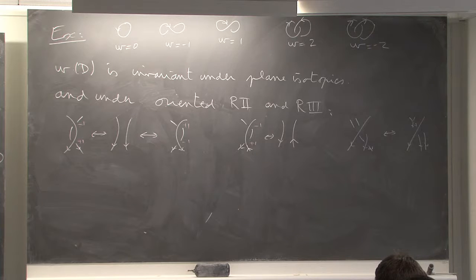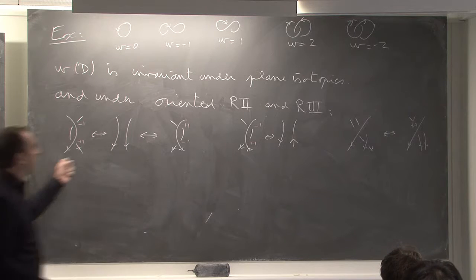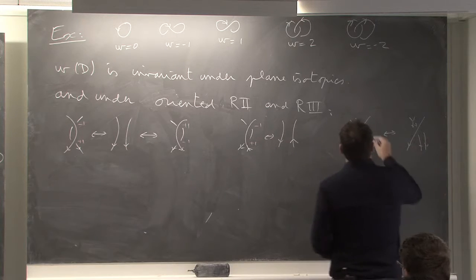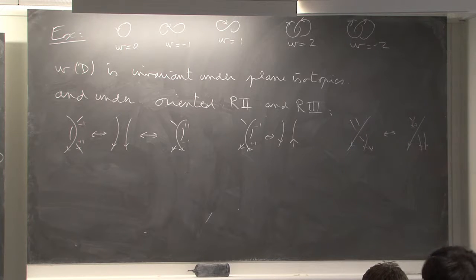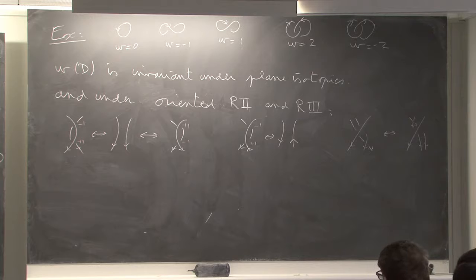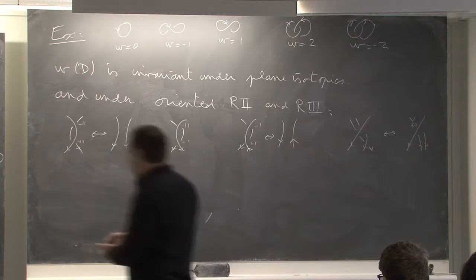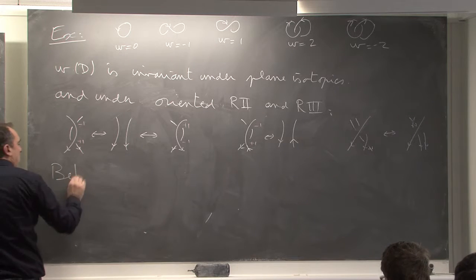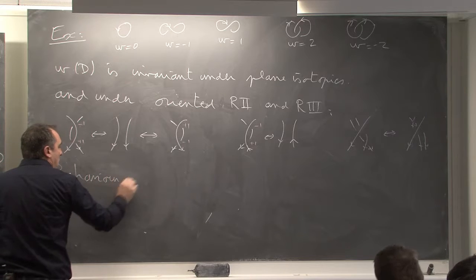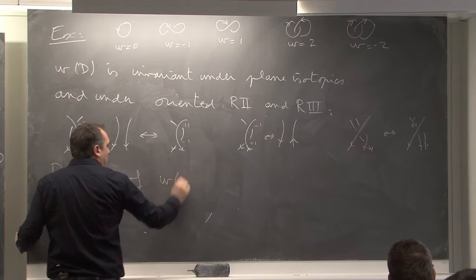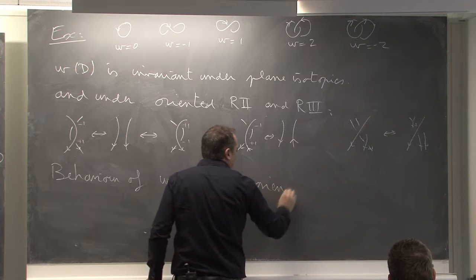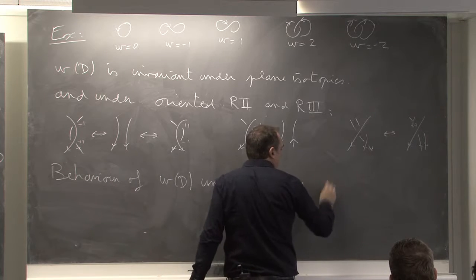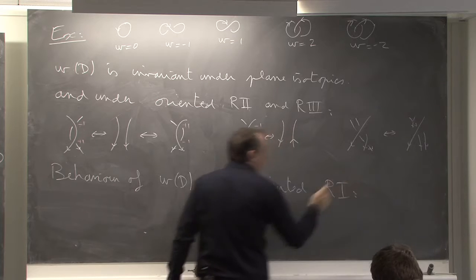So in every case, the writhe number does not change. It's quite evident here. And what is the behavior of the writhe number under the oriented version of the Reidemeister move 1.